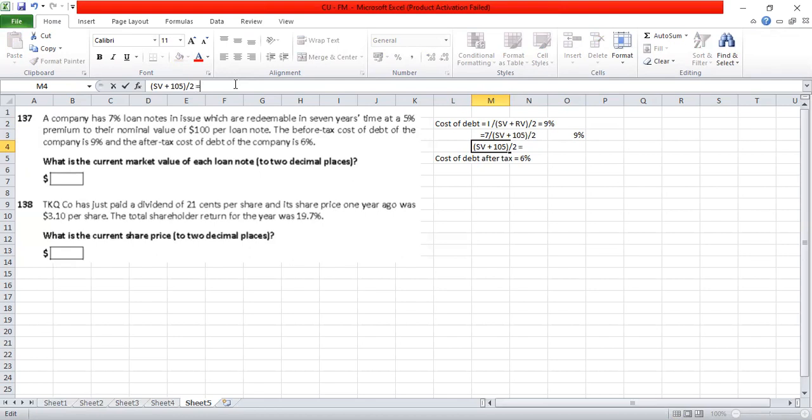Let's put 7 divided by 9%, and that comes to the other side.